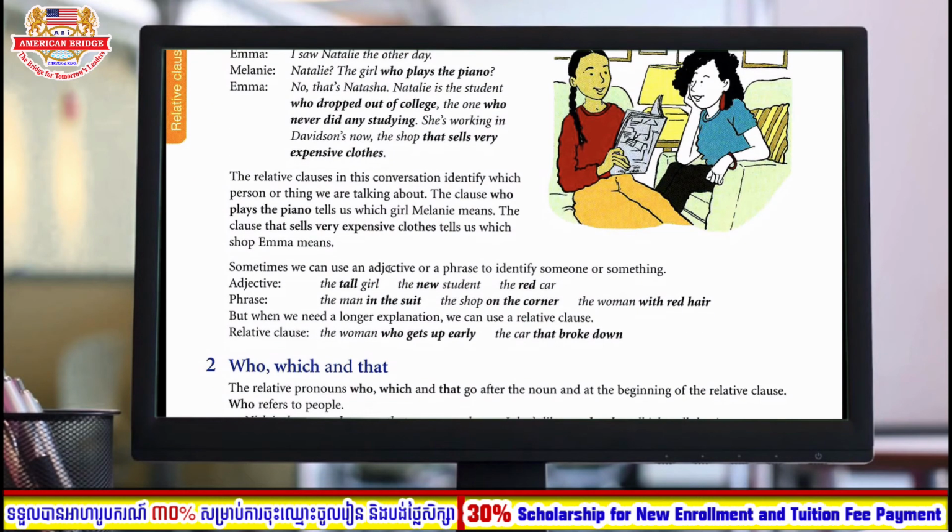Sometimes we can use an adjective or a phrase to identify someone or something. Here we use an adjective: the tall girl, where tall refers to the girl, the new student, the red car. Or you can use a phrase: the man in the suit, the shop on the corner, the woman with red hair. These are prepositional phrases.